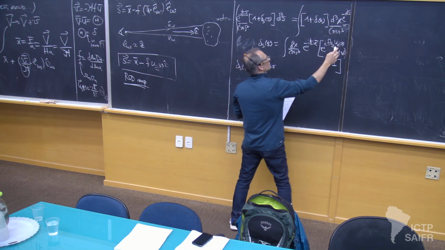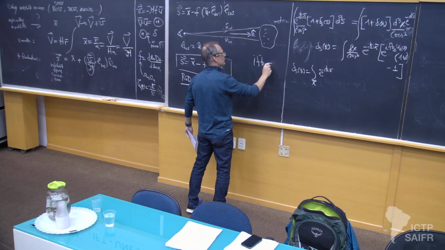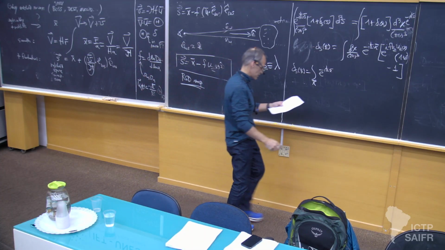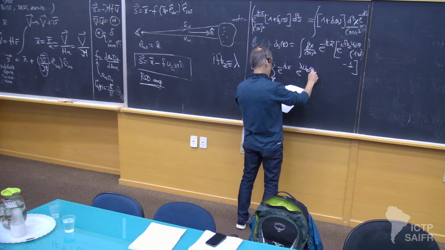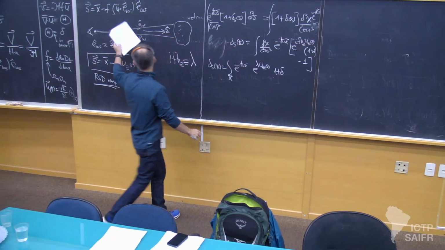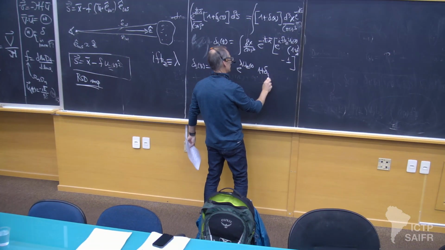So I'm going to call this i f kz, because it appears all the time, lambda. So I'm going to write it. And remember, this delta could be galaxies, so I can put here a delta g, just to emphasize there are galaxies.